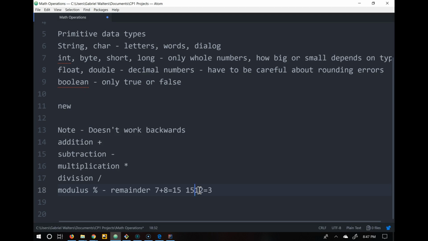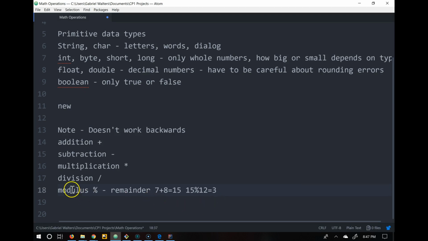Remainder 3. So 15 modulus 12 is looking at what is the leftover piece. That would be a type of math that I would use. It's not really taught common anymore, but it is still used a lot in code.